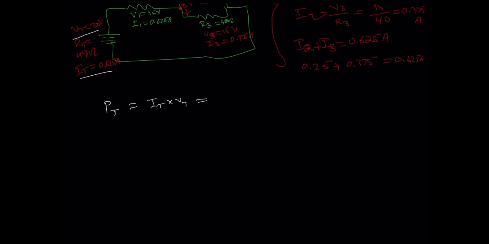If we multiply IT, 0.625, times 30, will give me 18.75. It's power, so the unit of power is watts. So total power in the circuit is 18.75 watts.